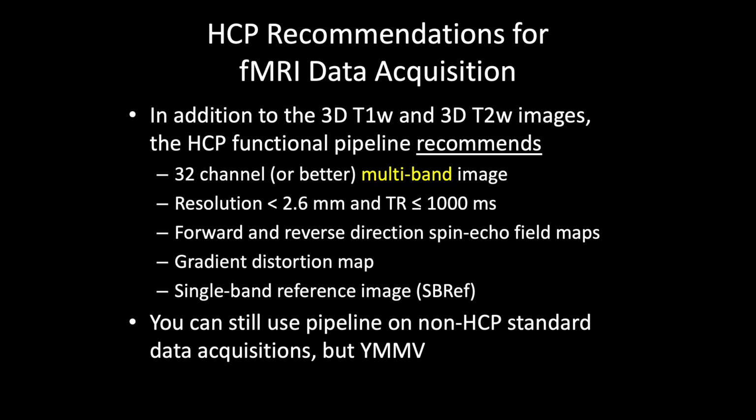Your TR, your repetition time, should be fairly rapid, so a second or less. They also recommend collecting field maps. If you have the ability to do a gradient distortion map, they also recommend having these, as well as a single band reference image.